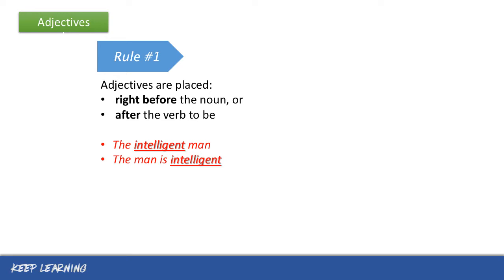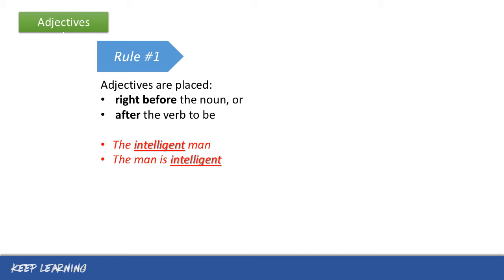We can say el hombre inteligente, or we can say el inteligente hombre, and that's not bad. Excelente estudiante, estudiante excelente. We can do that most of the time. In English, you can only place the adjective before the object. So you have to say the intelligent man, right?